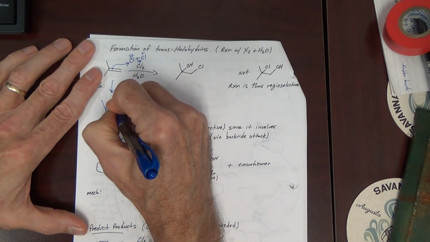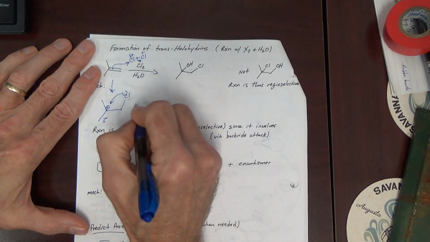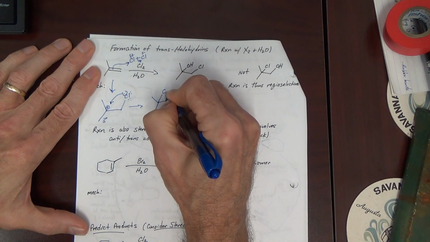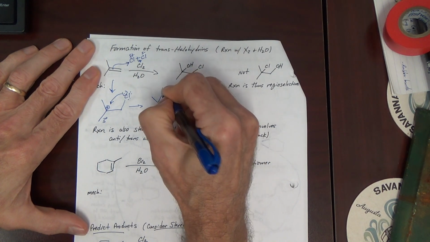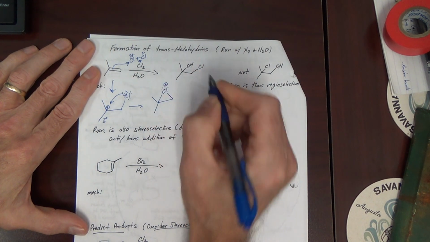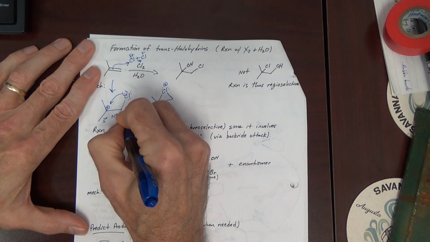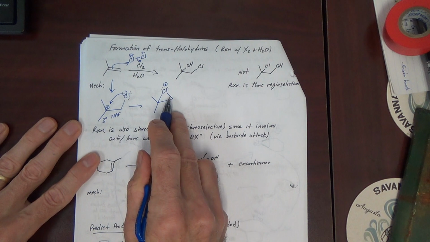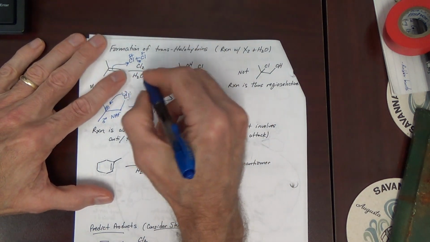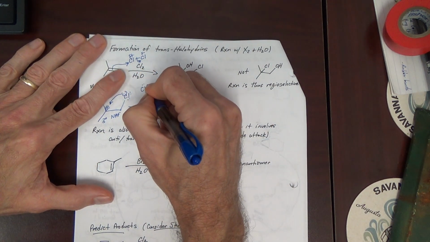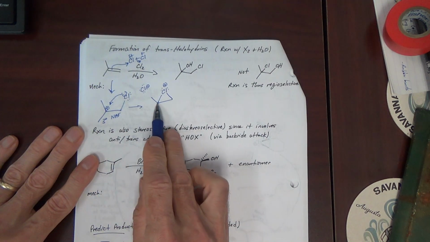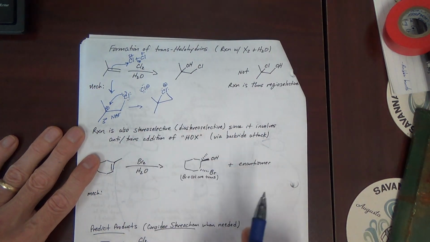This is going to immediately back bond, and that's going to give our chloronium ion, and this is not actually formed as a free carbocation. This is our first intermediate. We also have Cl minus floating around. Cl minus could attack here, but that would give a dihalide.